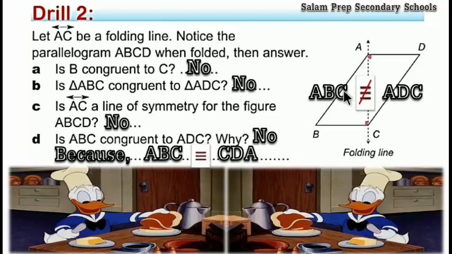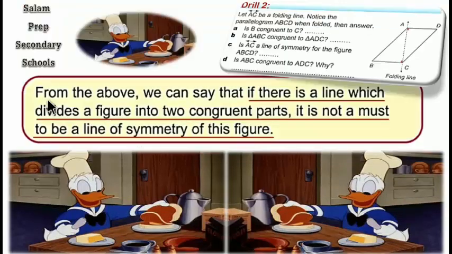Triangle A, B, C is congruent to C, D, A. From the above, we can say that if there is a line which divides a figure into two congruent parts, it is not a must to be a line of symmetry of this figure.